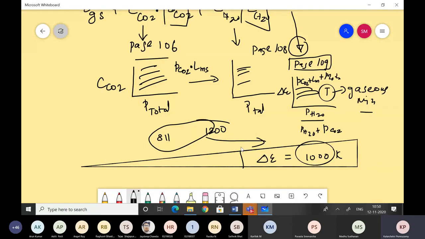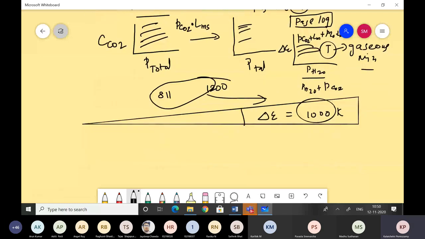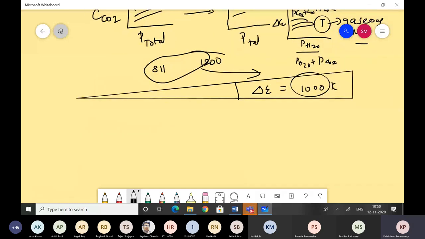Okay, now you know how to calculate the emissivity of your gaseous mixture. Now, how will you write the general equation for Q in this case?